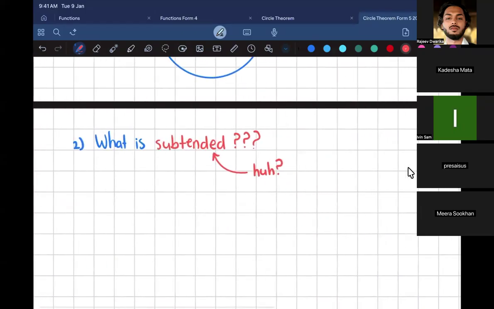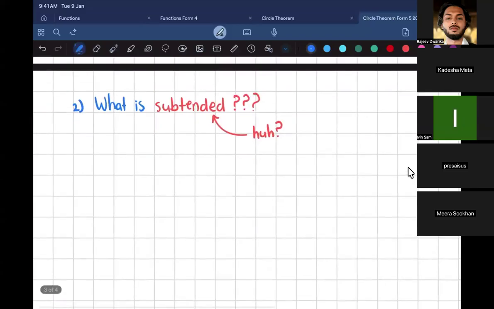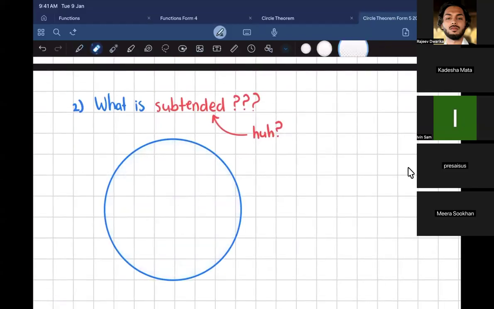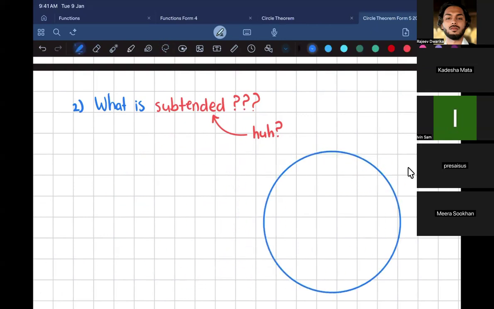All right, so subtended. Let me give a little example quick. Actually, I should give you the diagram without a circle first. That would be less confusing, I hope.